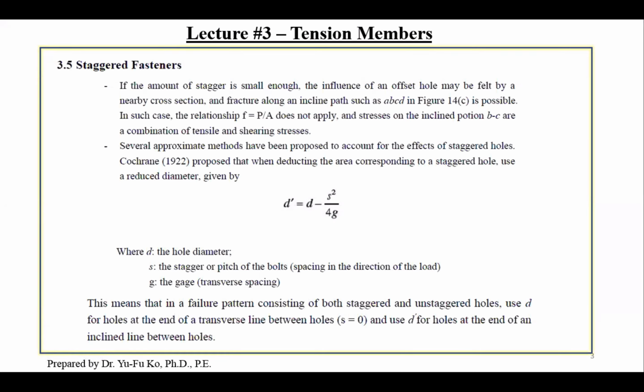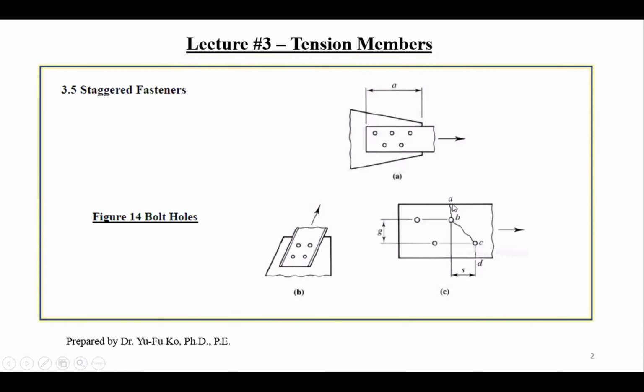So let me go back to explain what it means, and then we will come back. If your failure path is ABCD, and the spacing between these two bolts is small enough, then when this fractures, it will come to this to engage the bolt, which is offset, from B to C.